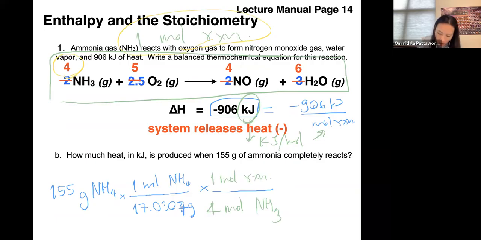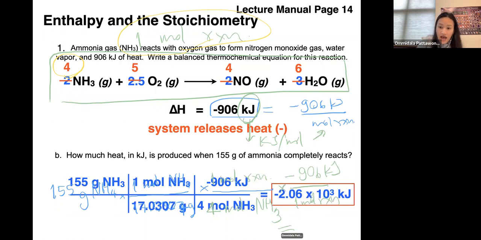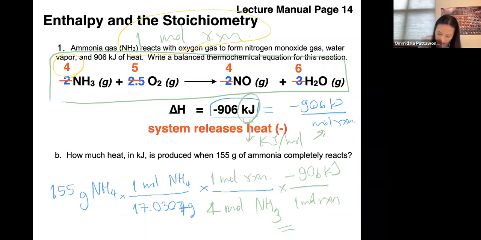We know that 1 mole of reaction produces negative 906 kilojoule. If you set it up this way, you get an answer identical to the previous one, negative 2.06 times 10 to the third kilojoule.